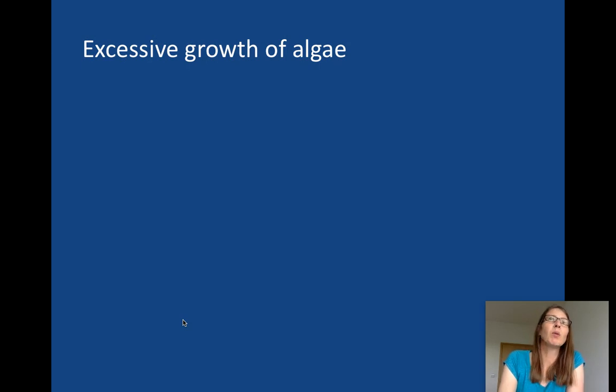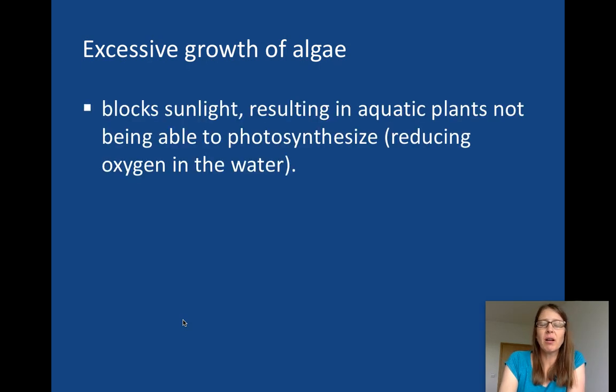So what happens when you get a whole bunch of algae growing because of the nitrates and phosphates that get into the water? Where they're coming from is usually farms. So in industrial agriculture, spraying a whole bunch of nitrates and phosphates on the farm is going to lead to those nitrates and phosphates getting into bodies of water when it rains.